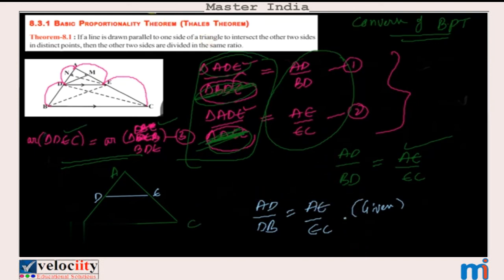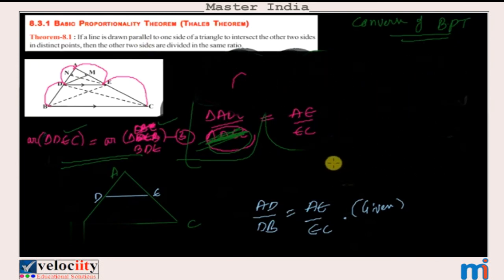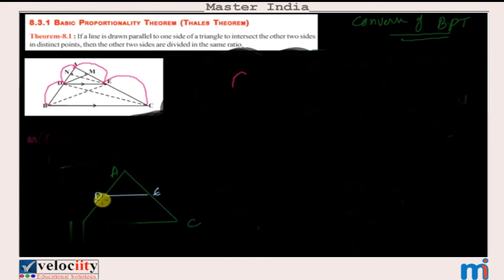I'll just erase everything else here so that I can make some space to prove the converse of BPT. So this side DE is intersecting the other two sides in the same ratio, which means AD by DB should be equal to AE by EC.